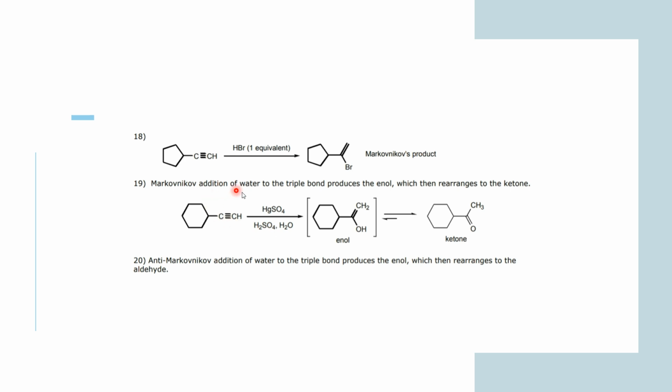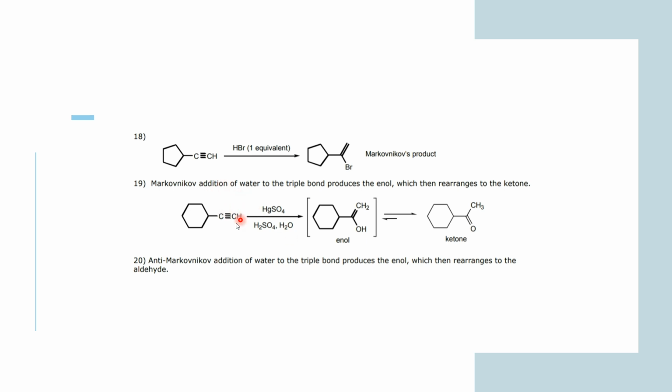First, this terminal alkyne will react with this mercuric sulfate, and you get the mercuranium cation first, which will be coordinated to both the carbon atoms. Then the water molecule will attack from the less sterically hindered side of the alkyne.